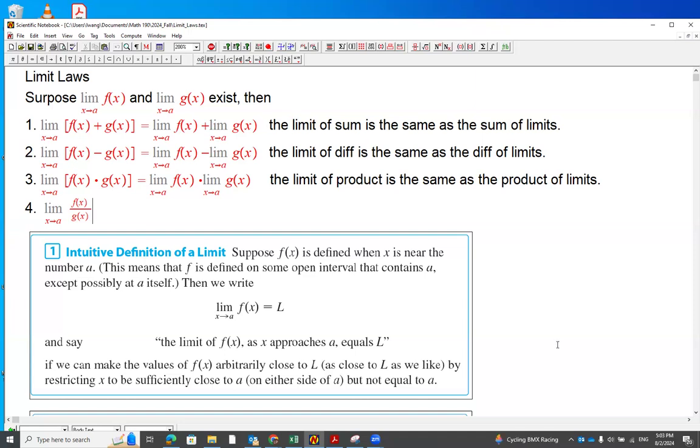The domain requirement is that the denominator cannot be 0. So in addition to the two individual limits existing, we also need to guarantee the limit of g cannot be 0.